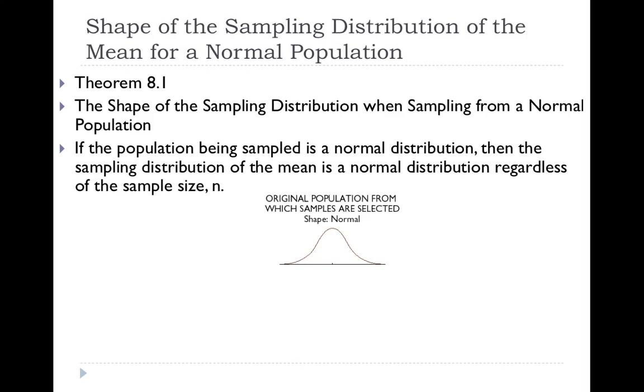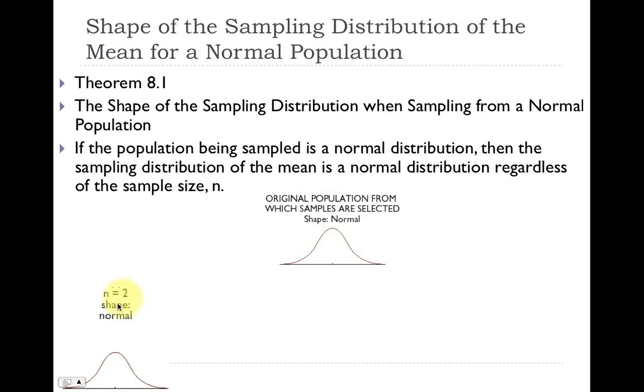So this means that if you're taking your samples from a population that is bell-shaped, that is normal, then your sampling distribution, no matter how big or small n is, will also be normal.